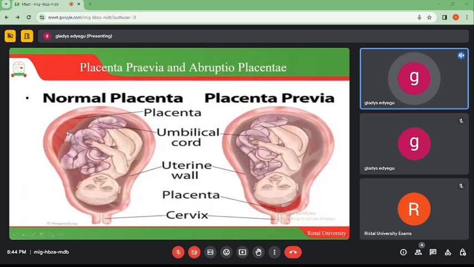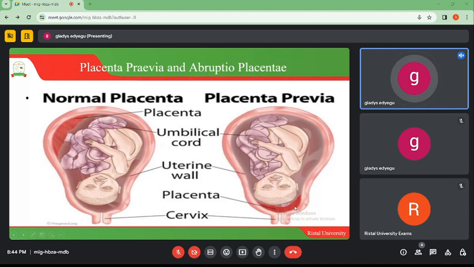Then when you look at this other side where they have put placenta previa, as I mentioned, placenta previa is when the placenta is located at the lower segment of the uterus. You are able to see that down here in this uterus is where the placenta is, lying on top of the cervix.